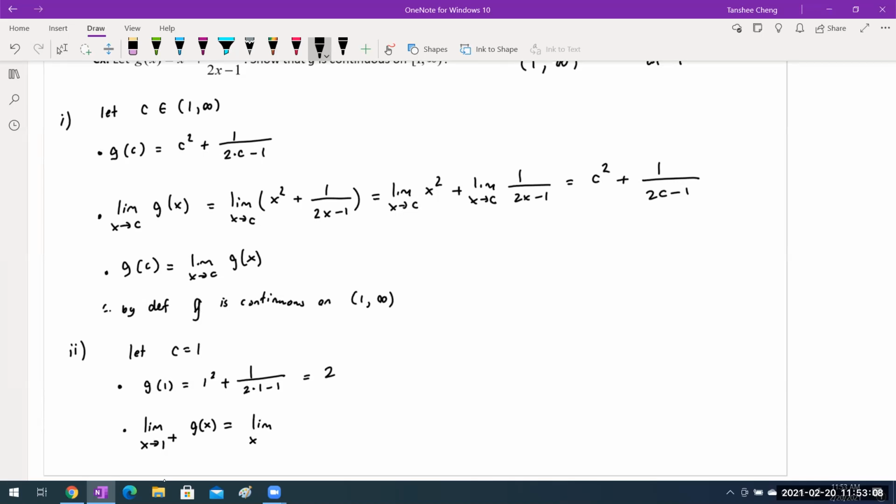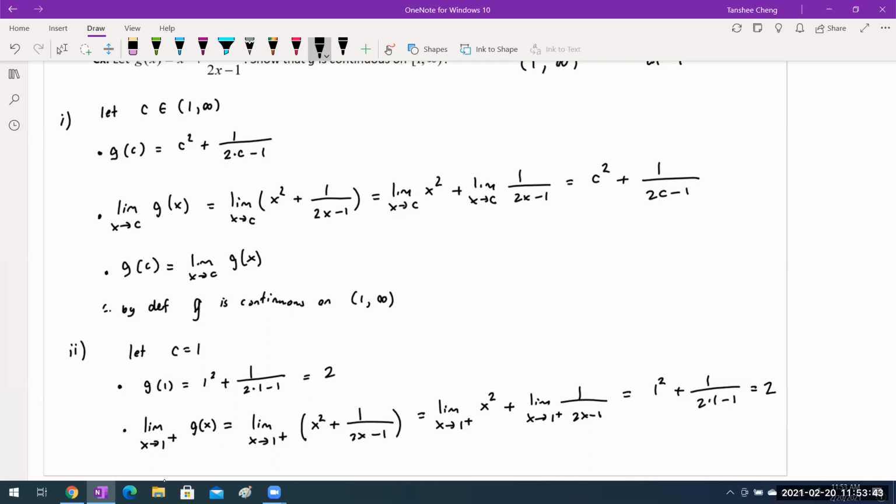Now, we will be talking about the limit as x approaches 1 from the right-hand side of the function, which is x squared plus 1 over 2x minus 1. Using the limit law, this is the limit as x approaches 1 from the right-hand side of x squared plus the limit as x approaches 1 from the right-hand side of 1 over 2x minus 1, which will give us, skipping a few steps, 1 squared plus 1 over 2 times 1 minus 1, which again gives us 2.